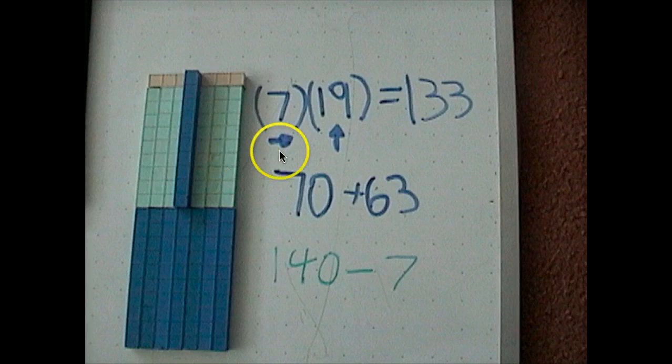I've spent a lot of time talking about how to attack this, and how 70 and 63 really is the same thing as 140 minus 7, because you look at these symbols and they don't look the same to little kids. And it's amazing to them that this and this is the same as this and this. It adds up to 143, or in this place, when we combine these guys, we get 133, and when we combine these guys, we get 133. And they're both the same as 7 times 19.